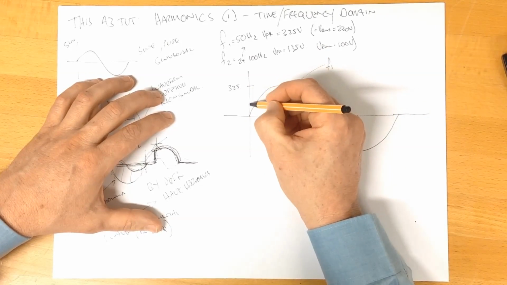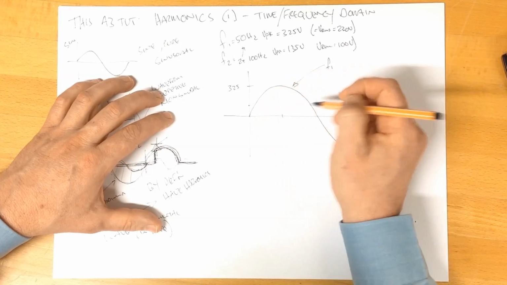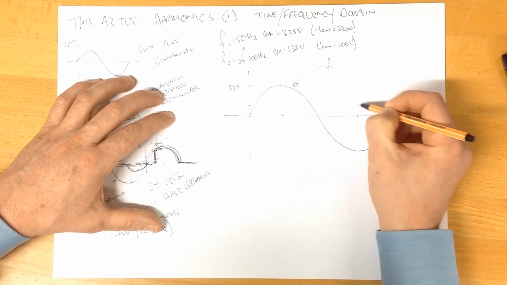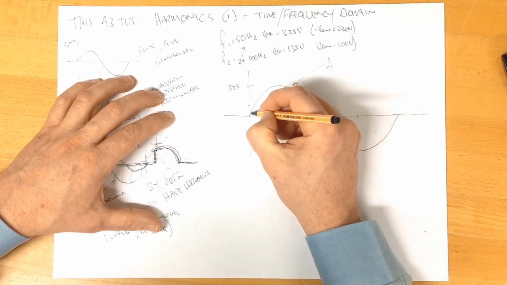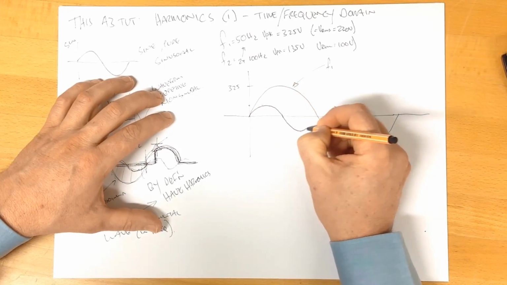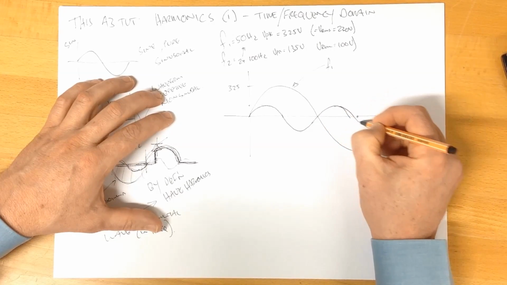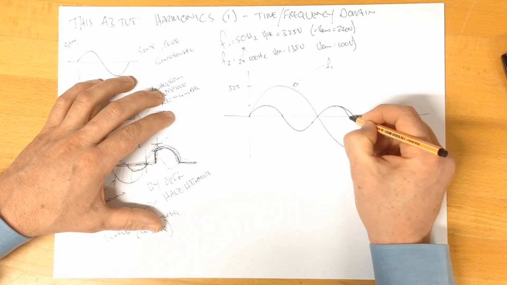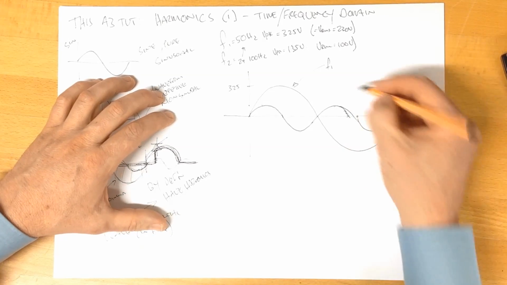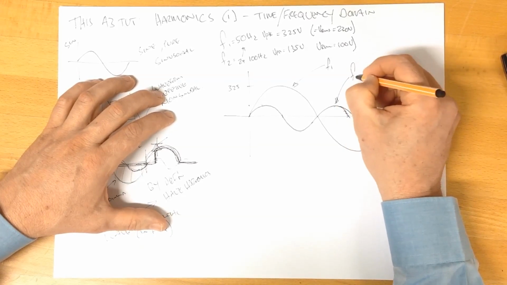So 325, 130 would be about 170, so we're around about here. So it's got to go through these points round about here. And this is our second harmonic.